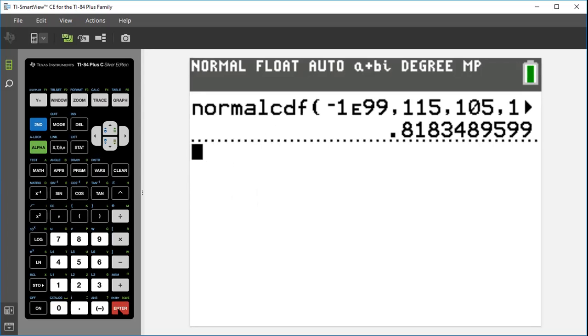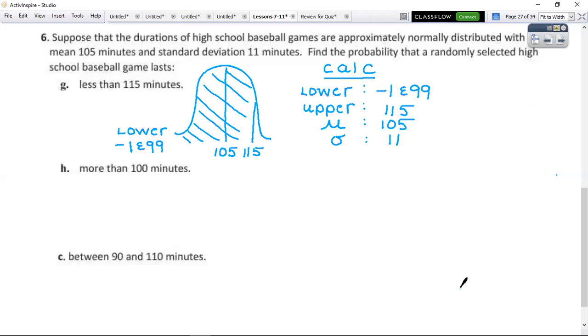Okay, so I'm going to go 4 decimal places and leave it at that. So I have an answer equivalent to 0.8183. That's it.